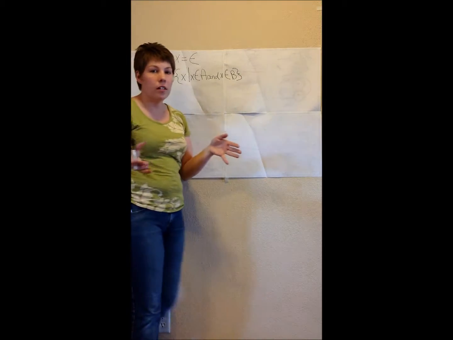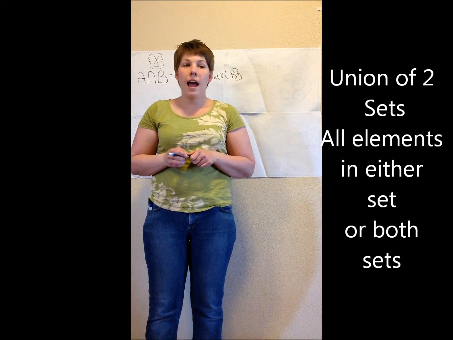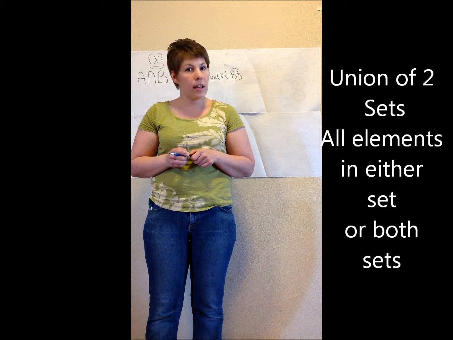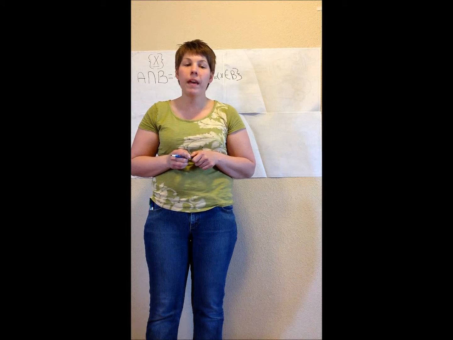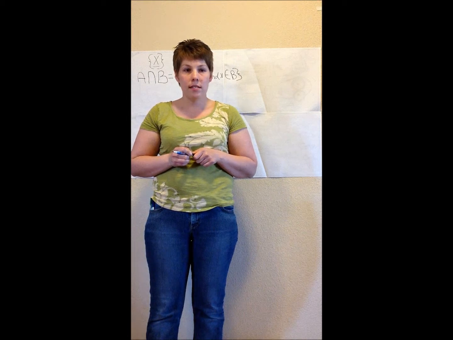Now, what is a union? Well, according to Johnson and Mowry, the union of sets A and B consists of all elements that are either in set A or set B or both. That is, all elements that are in at least one of the sets.